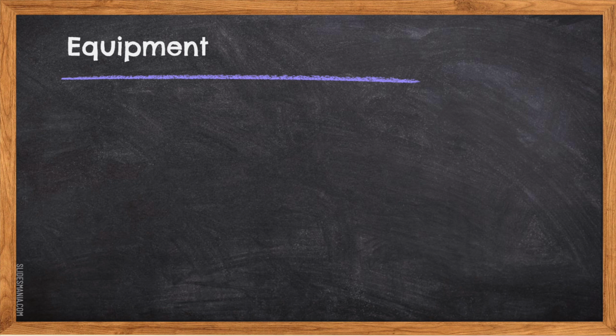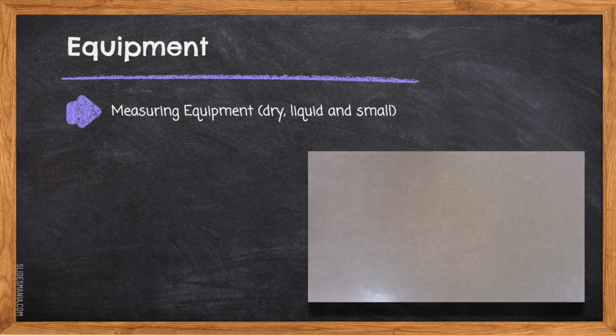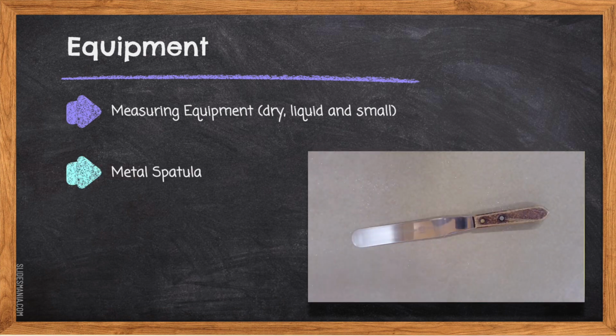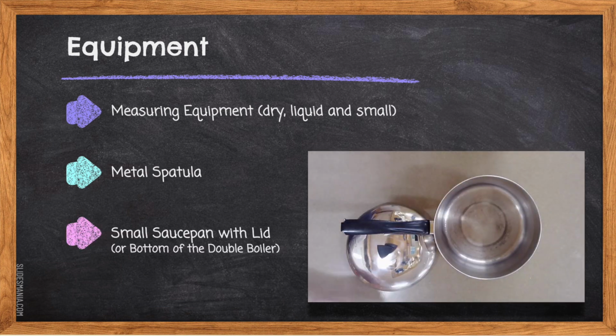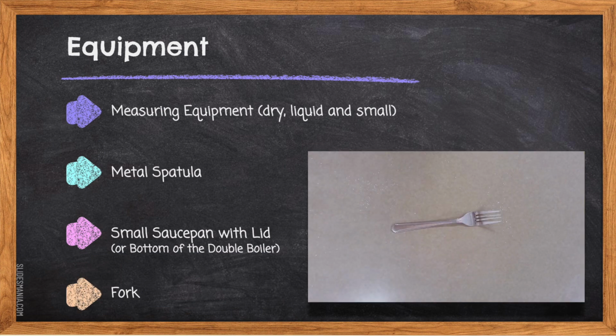Equipment. For this recipe, you will need measuring equipment, including dry, liquid, and small measures. Metal spatula. Small saucepan with lid or bottom of the double boiler. A fork.